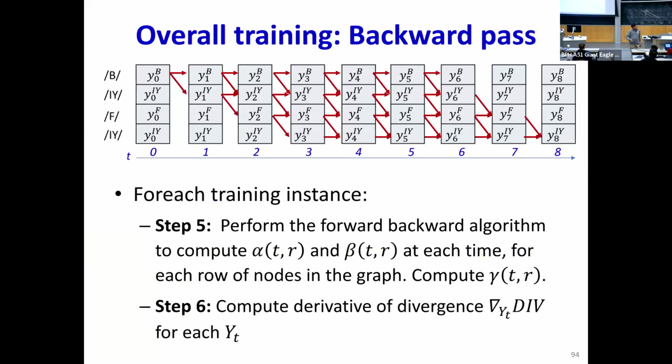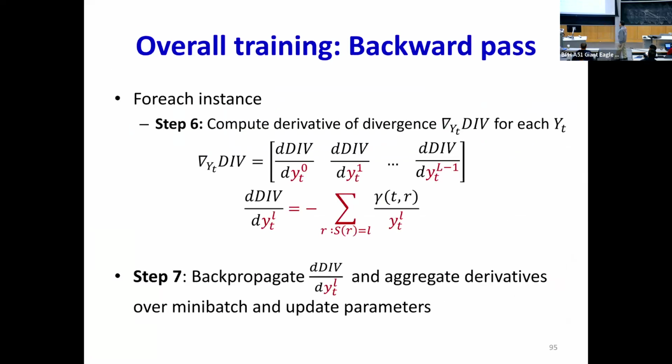And from the graph, you'd perform forward and backward algorithms to compute the alphas and betas. From the alphas and betas, you can compute the gammas. And then you can use those to compute the derivative of the divergence with respect to the output of the network at each time, which gives you the derivative of the divergence with respect to the output probability vector. And this can be propagated backwards to train the rest of the network.